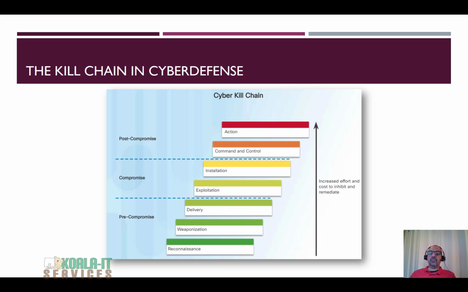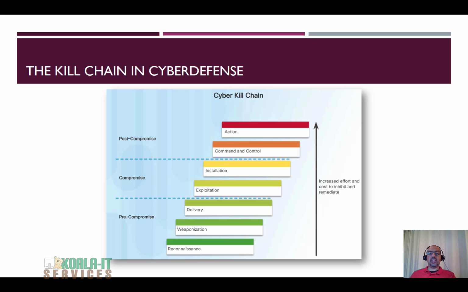Stage 3, delivery. The attacker sends the exploit and malicious payload to the target by email or other method. Stage 4, exploitation. The exploit is executed. Stage 5, installation. Malware and backdoors are installed on the target. Stage 6, command and control.